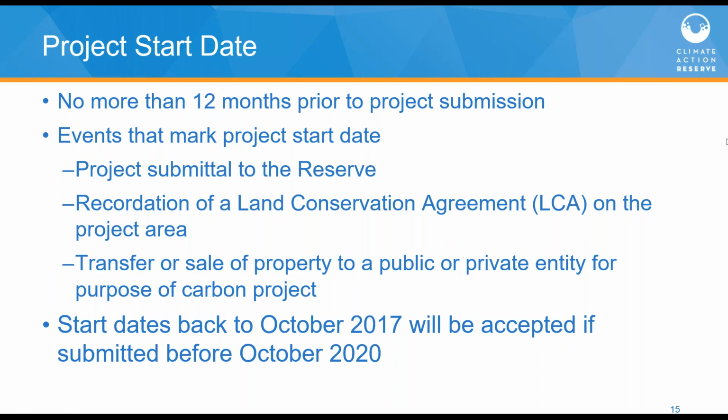Oh, we've got a question that's come in. We could use a bit more clarity around ownership. So the definition between the property owner and the easement owner. So when you record a land conservation agreement, you are transferring the development rights, or essentially the easement transfers those rights to another party.